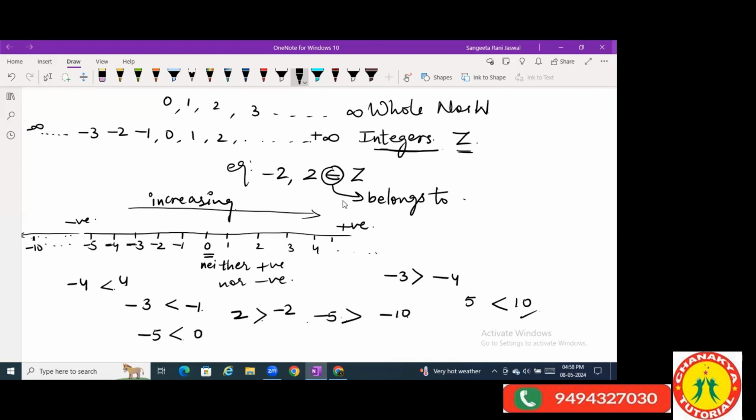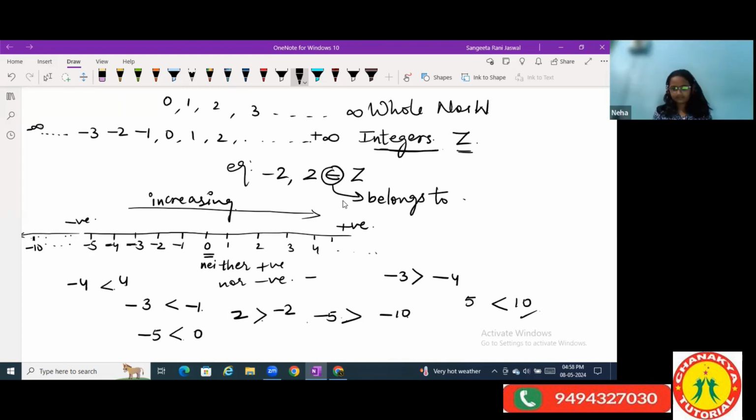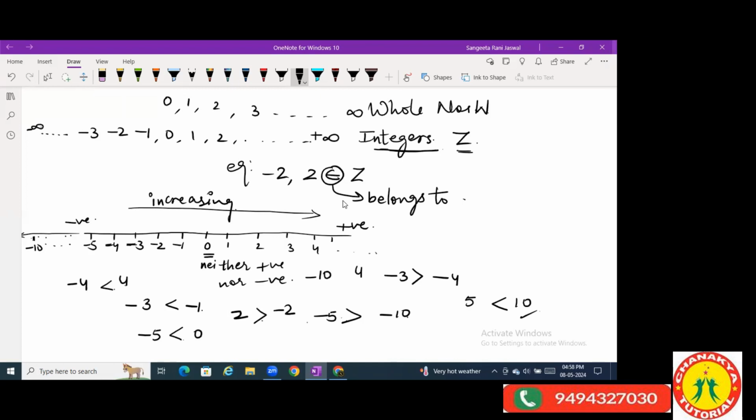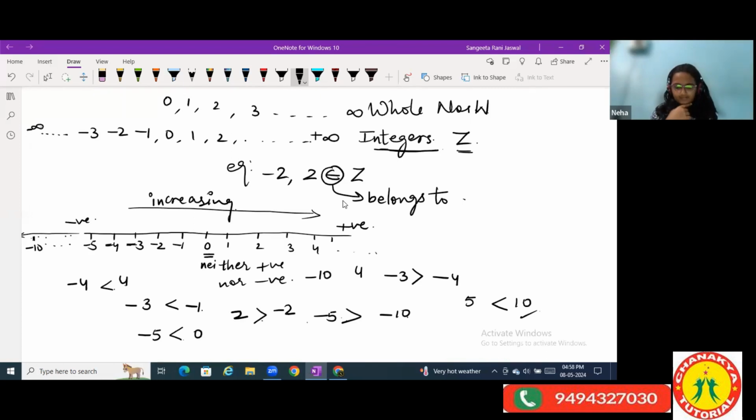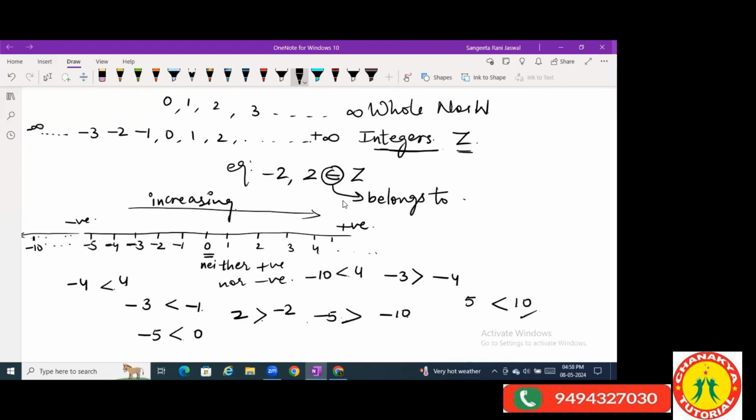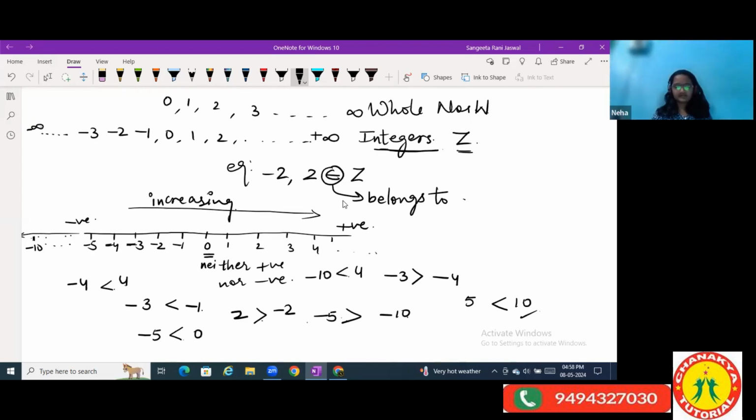Neha, minus 10 and 4, which is greater? 4 is greater. I hope you are understanding this.